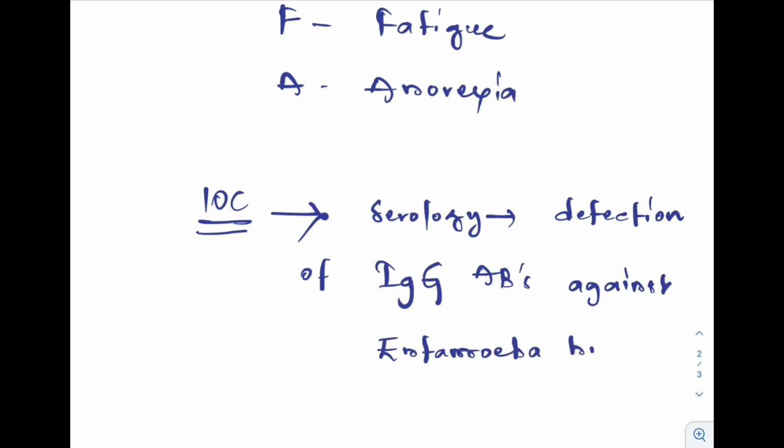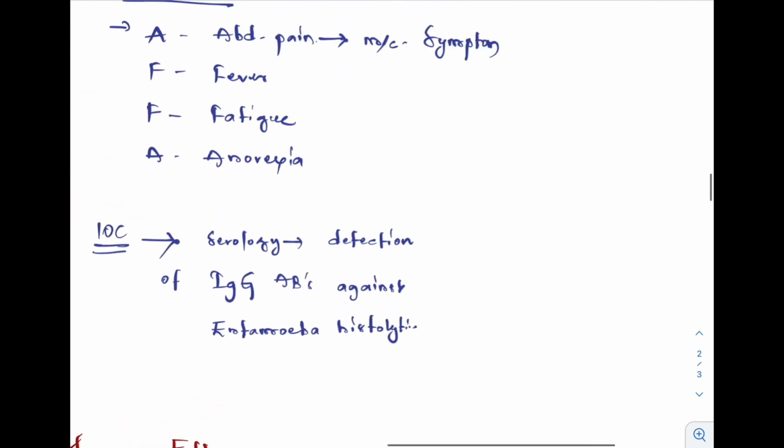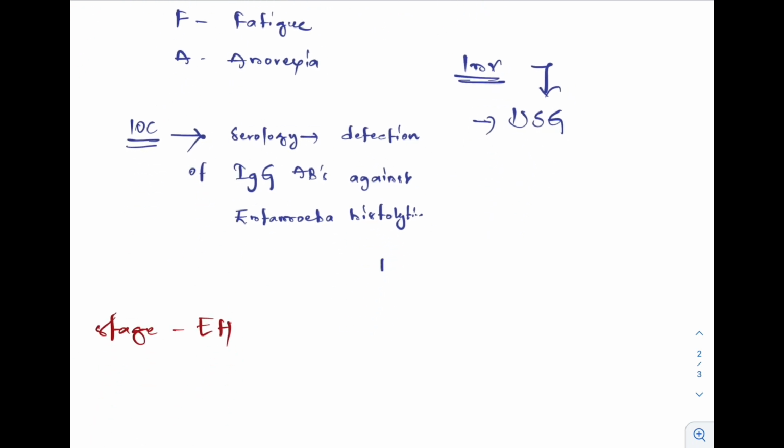What other investigations can be done? There are a lot of investigations. One more important investigation is USG, and CBC and LFT can also be done in this type of patients.